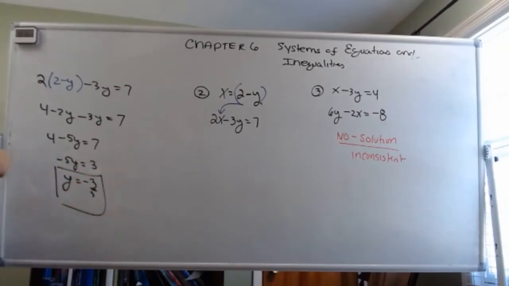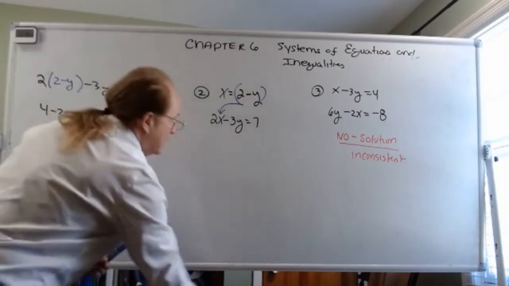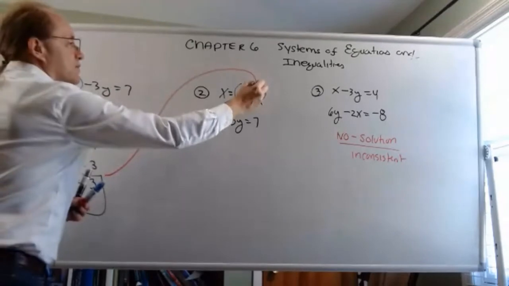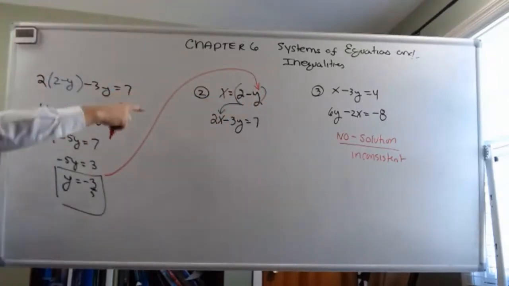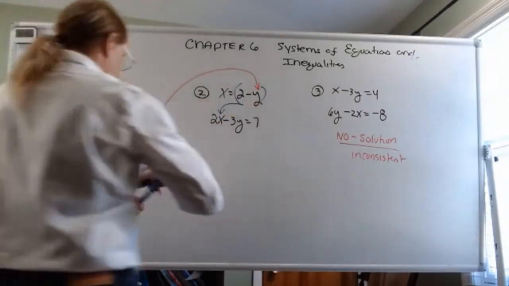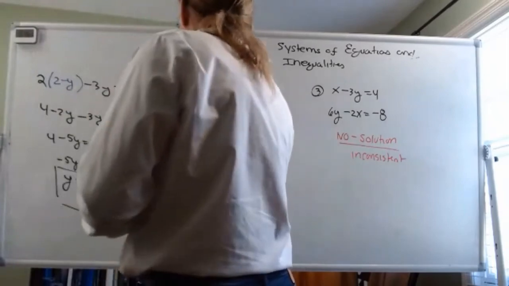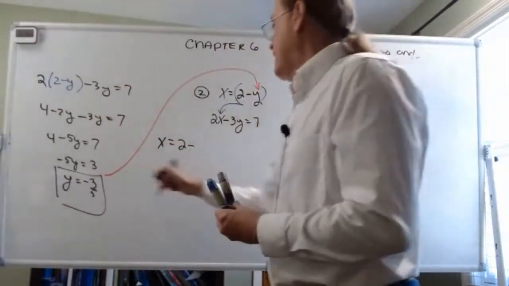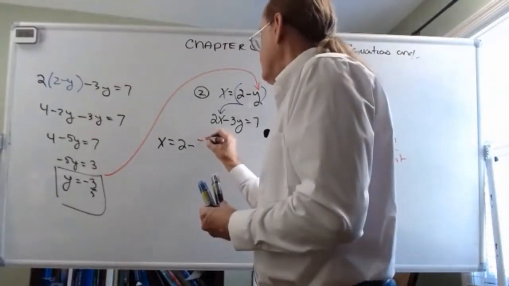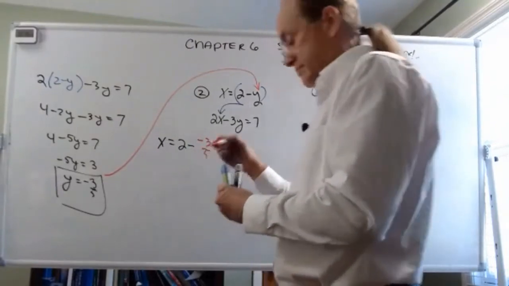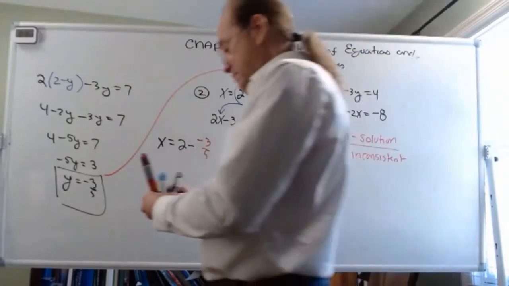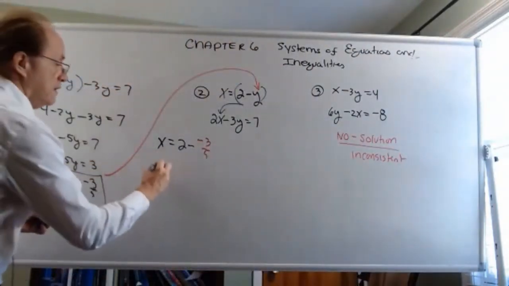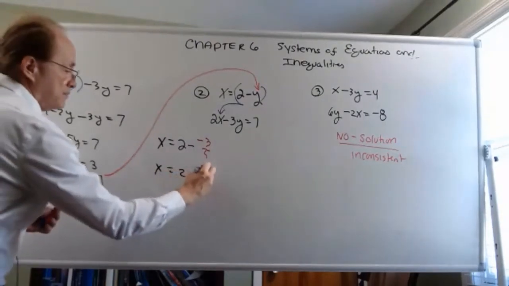Okay, so I now have what y is. Now that I know what y is, I can go back into this equation here and find out what x is. So x is equal to 2 minus, well, the y I just found is a negative 3/5. So x is equal to 2 plus 3/5.